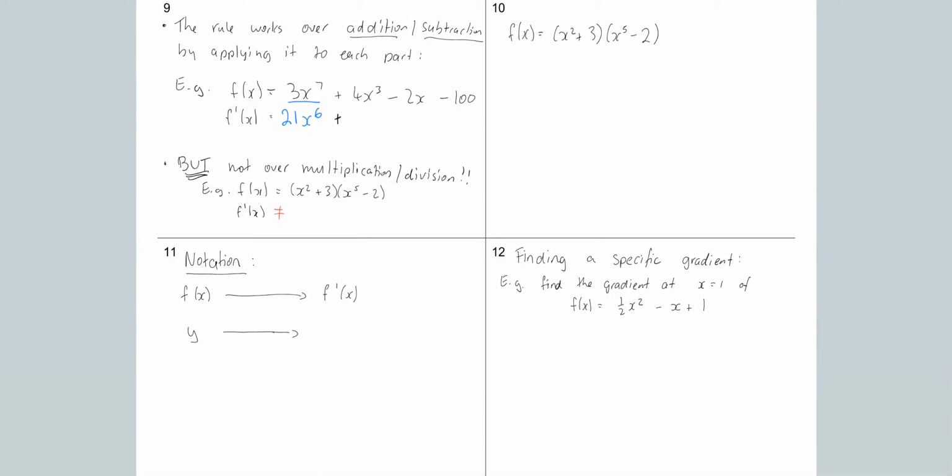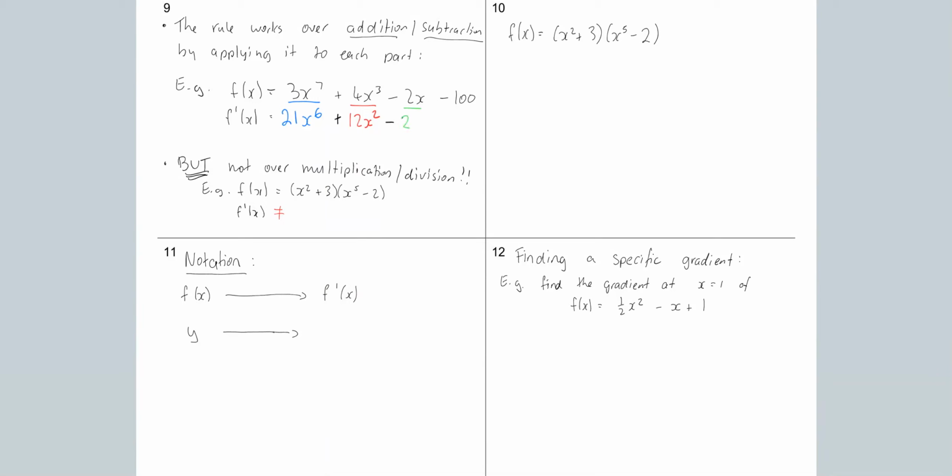And then we've got 4x cubed. So same thing again. We'll go 4 times 3 is 12, and then subtract 1 from the power, so it's 12x squared. And then we've got minus 2x. So remembering that we've got 2x to the power of 1. So I will then go minus 2 times 1 is 2.